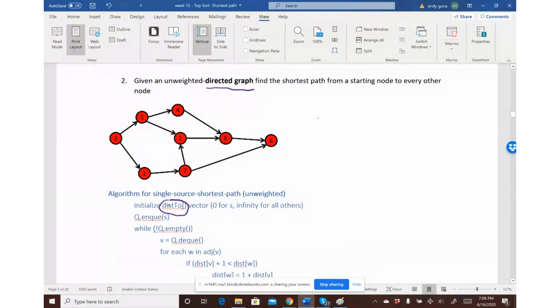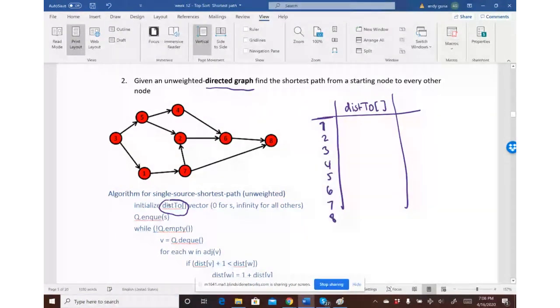What this array will do is maintain the distance to the nodes. Let's say we have 1, 2, 3, 4, 5, 6, 7, 8. Those are the nodes, and I'll start from node number 3.